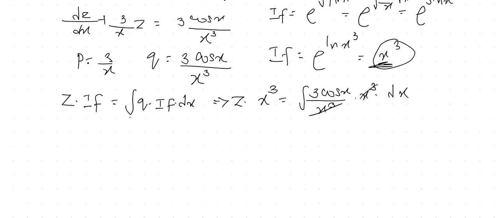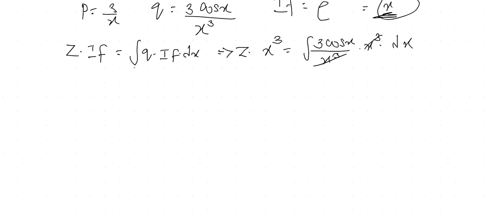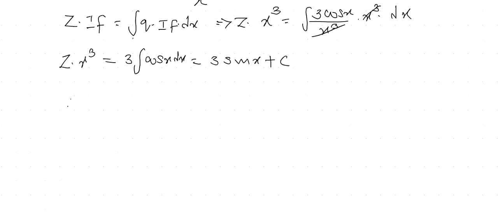Then you have that z times x raised to the power of 3 is equal to 3 times the integral of cos x dx. Now, when you integrate cos x it is sine x, so 3 sine x plus c. All right, then we are almost there. Then we now have that z multiplied by x cubed is equal to 3 sine x plus c. So what do we do at this point? z is equal to y raised to the power of minus 3.